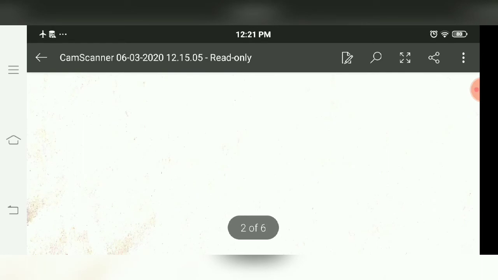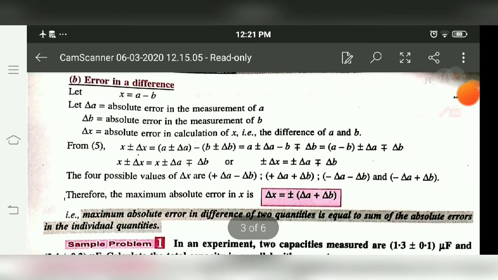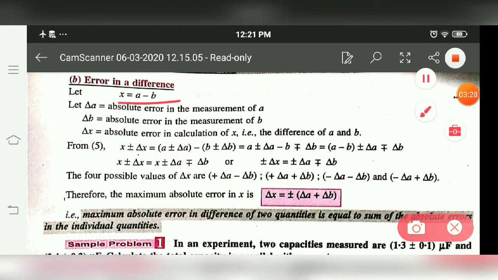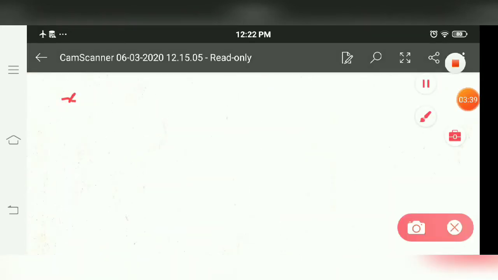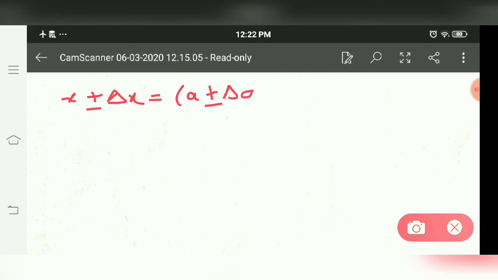Similarly, the error in difference. Here x is equal to a minus b. Again writing true value plus minus absolute error: for a we will write true value plus minus absolute error, where x is equal to a minus b.